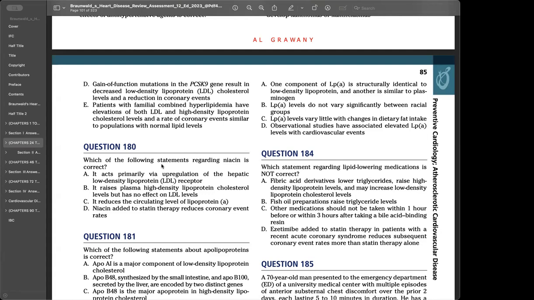So this is a true statement. Option B, that makes it false. Option B, lipoprotein A levels do not vary significantly between racial groups.